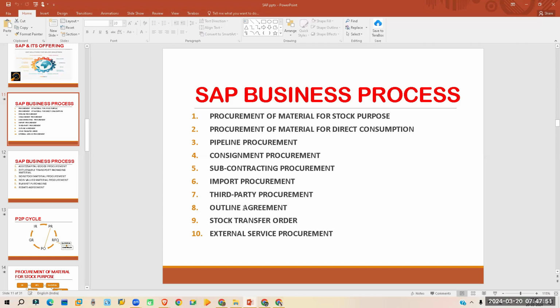A simple example: let's say you are buying milk or dairy products from BigBasket or any online grocery platform on a daily basis.